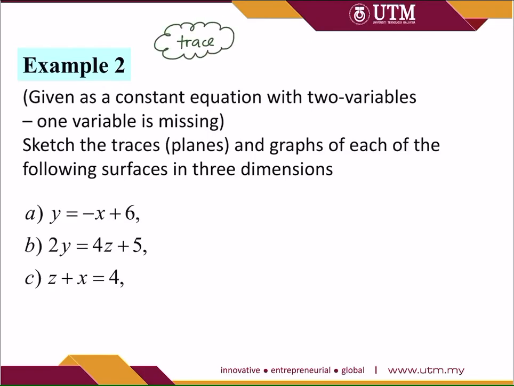So let's look at the first one. y equal to minus x plus 6. We want to sketch the trace. We have x and y existing this time. For y equal to minus x plus 6, we know that we have a negative slope, and it's passing through 6 here.